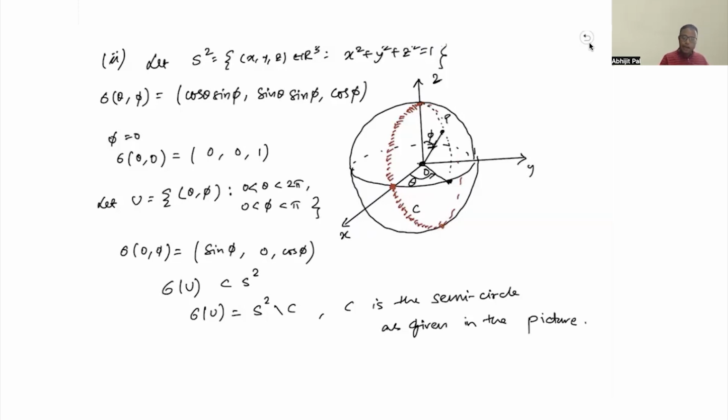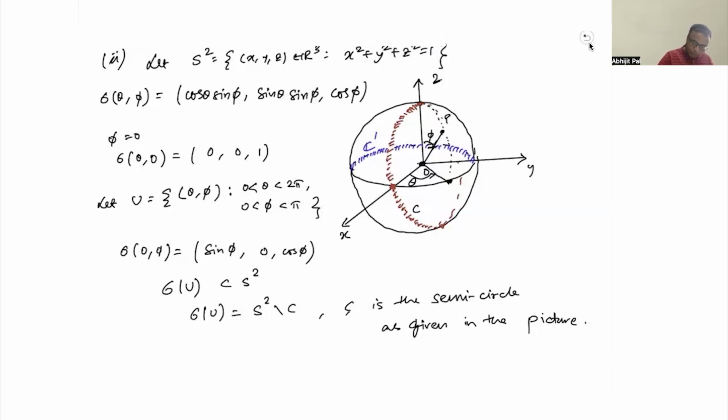Okay, and similarly, you can find B. So suppose this semicircle is my C prime.